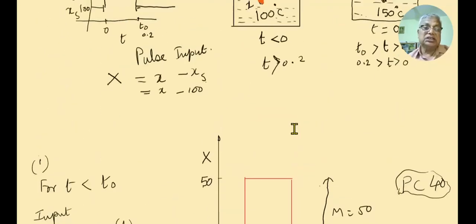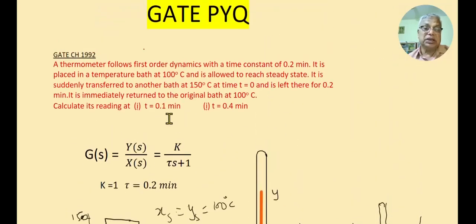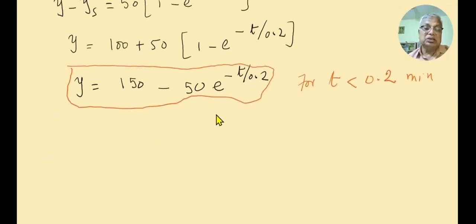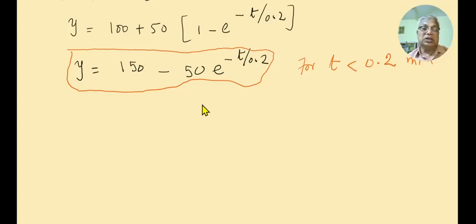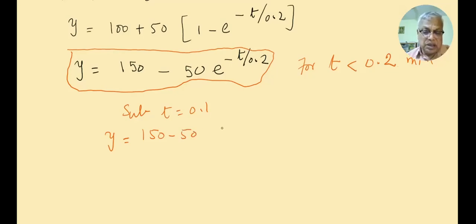The first question asked is what will be the thermometer reading at t equal to 0.1 minute. So you can use this equation. If you substitute t equal to, sorry, not 1 minute, 0.1 minute in this, y equal to 150 minus 50 e power minus 0.1 by 0.2.